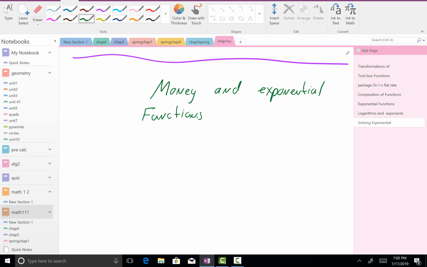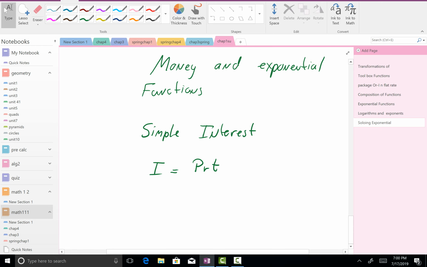So, as you've progressed through school, you know that there is something called simple interest. All right. So this is just a real simple interest formula where I is simply equal to PRT. I is the interest.